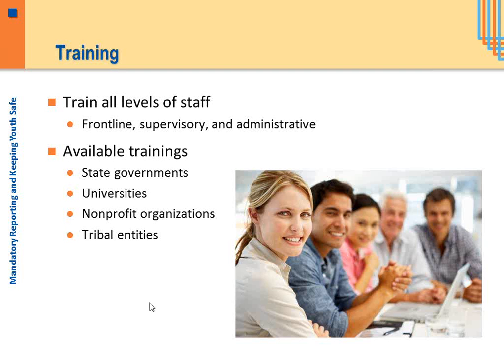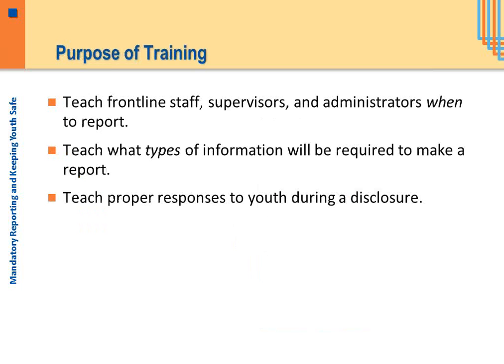The purpose of the training gets pretty much reviewed, but it's really to make sure that different types of information needed for reporting, for filling out forms, for being able to recognize the signs and the symptoms, for being able to know how to negotiate confidentiality, parental consent, and so forth are understood.